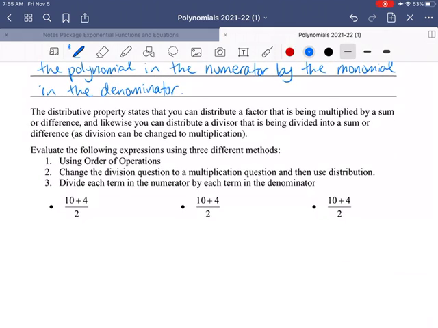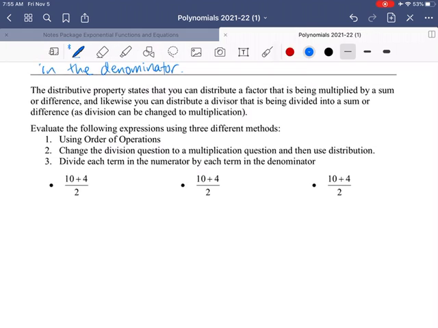Okay, so the distributive property states that you can distribute a factor that's being multiplied by a sum or difference, and likewise you can distribute a divisor that's being divided into a sum or difference. So, in the previous lessons, if we had something like 2 multiplied by 5 plus 2, you would have to multiply both parts. Okay? And in this case, we can actually simplify our numerators here first. We can do it multiple ways.